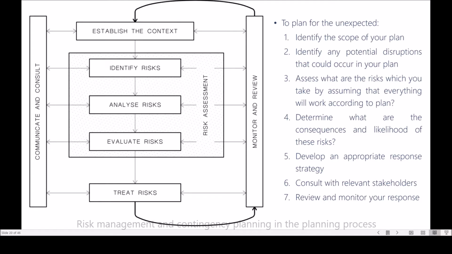So where we start thinking about where risks can start and where risks can have an impact up to, it's really the scope of our plan. So if our plan is about implementing a new software or upgrading the current software system, our scope for risk would be within those parameters.